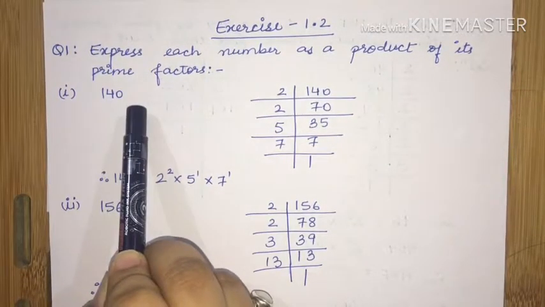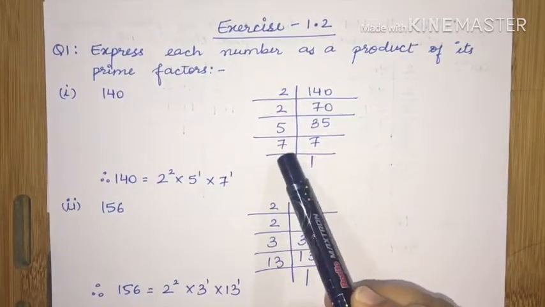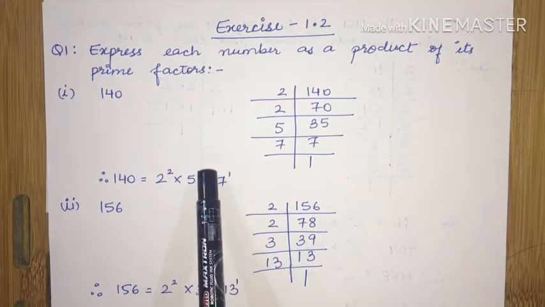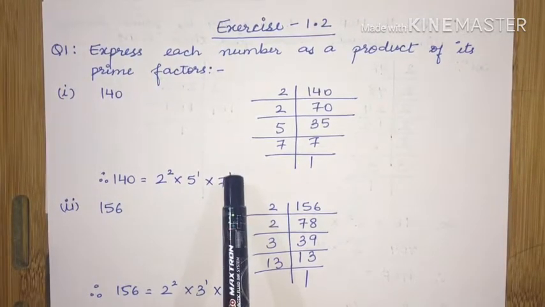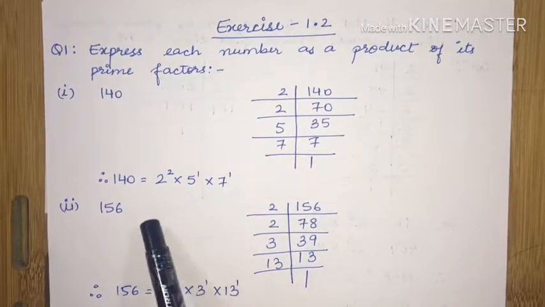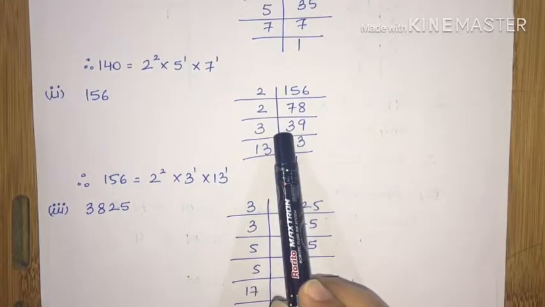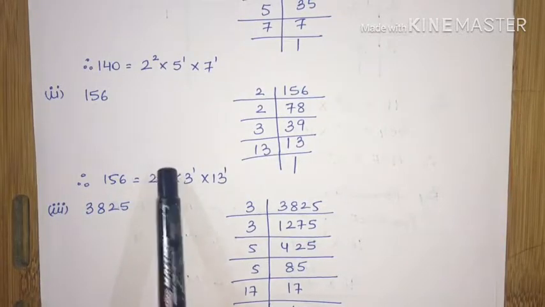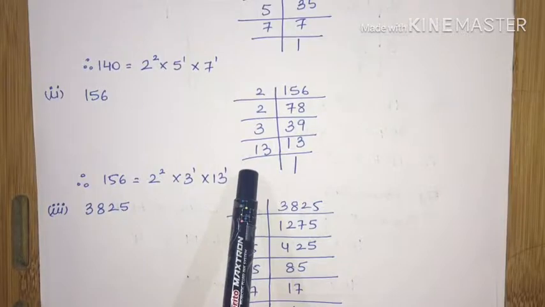So prime factors of 140 are 2 into 2 into 5 into 7, which is equal to 2 raised to the power 2 into 5 raised to the power 1 into 7 raised to the power 1. Second is 156, which is 2 into 2 into 3 into 13, which is equal to 2 raised to the power 2 into 3 raised to the power 1 into 13 raised to the power 1.